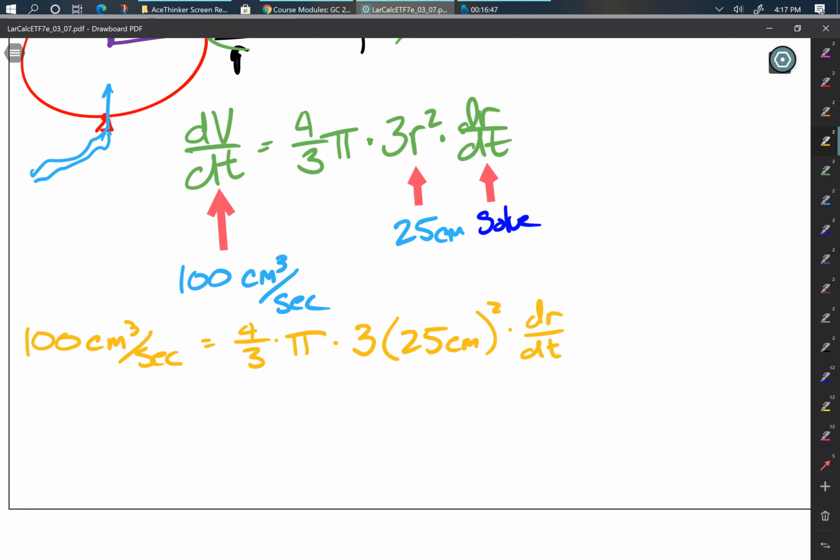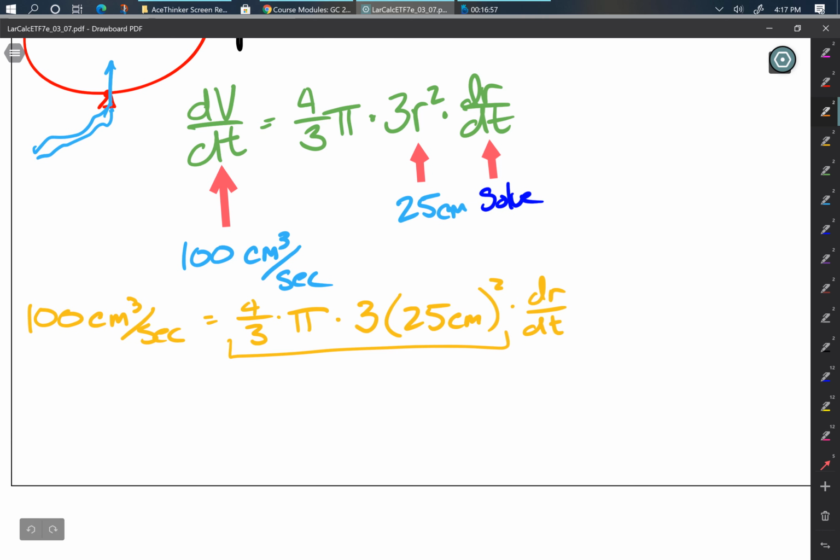Right? Since all of these are being multiplied by dr/dt and my job is to solve for dr/dt, I'm just going to divide everything by that, and then that will give me that dr/dt is 100 cubic centimeters per second divided by, let's see, this 3 is going to cancel that 3.